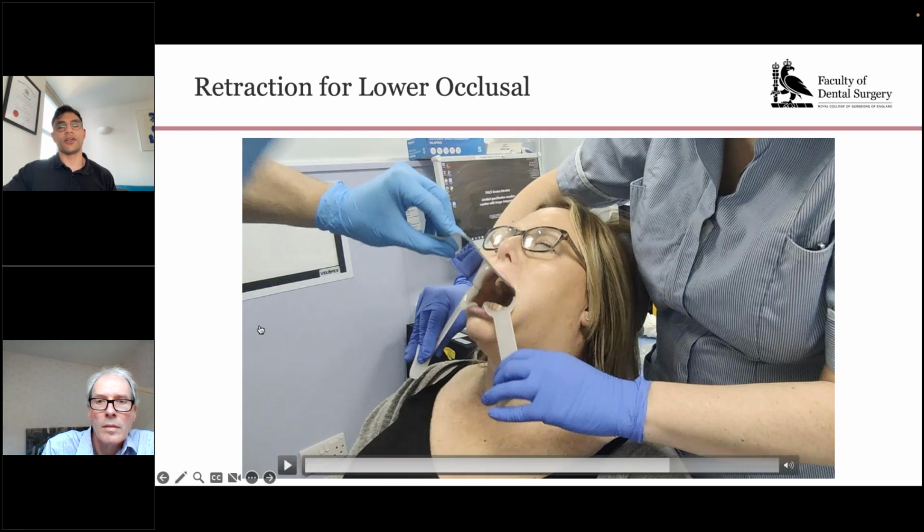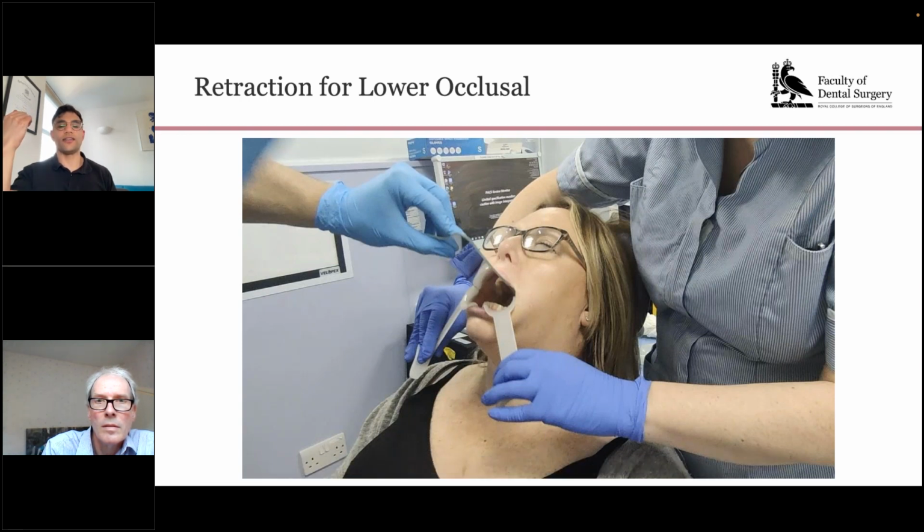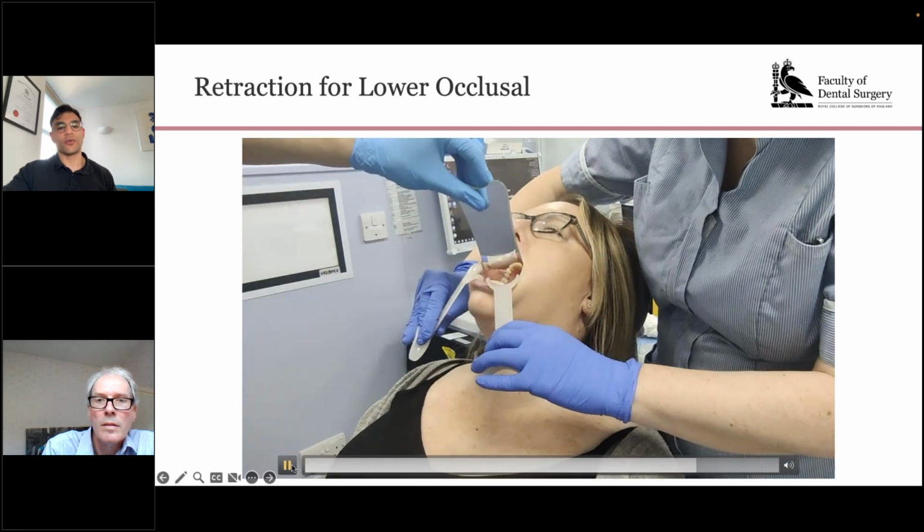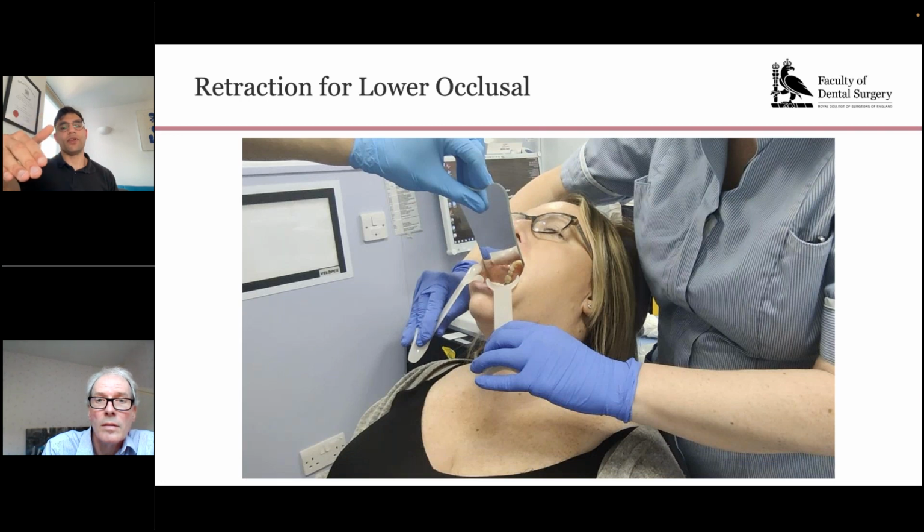So you get them to look at the wall behind them. Some patients, when asked to look at the wall behind them, will move just their eyes, so obviously tell them to move their entire head and try and look at the wall behind them. Then you try and get that mirror as close to vertical as possible, and you try and get the mirror behind the last standing molar.